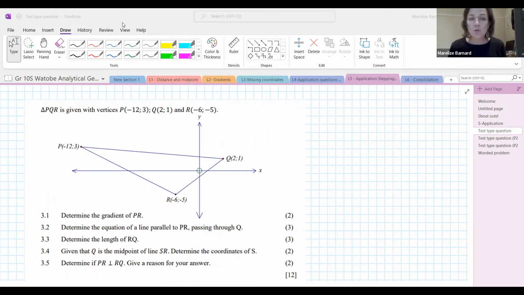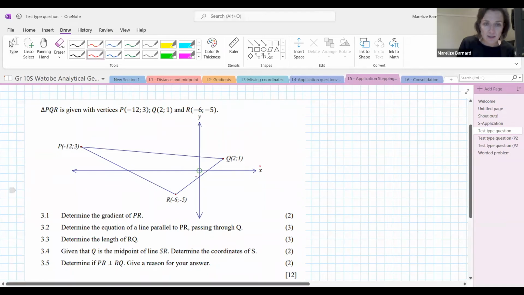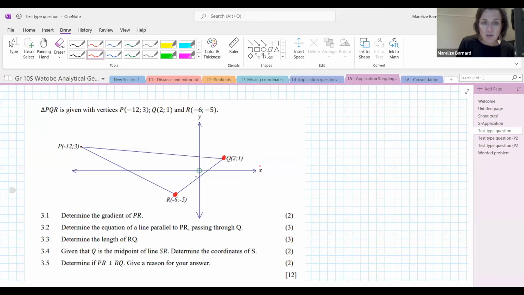Given that Q is the midpoint of line SR, R is here, and here's Q. So then SR could be like that. We don't know where S is, but it's there somewhere. We must figure out what the coordinates of S are.